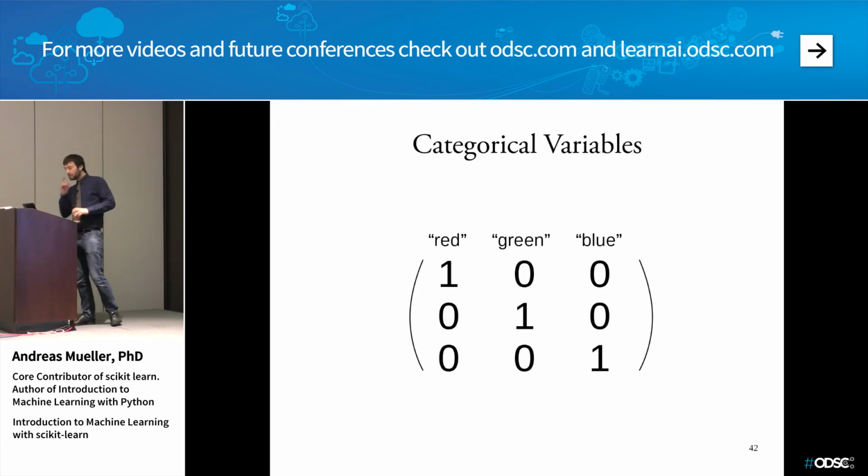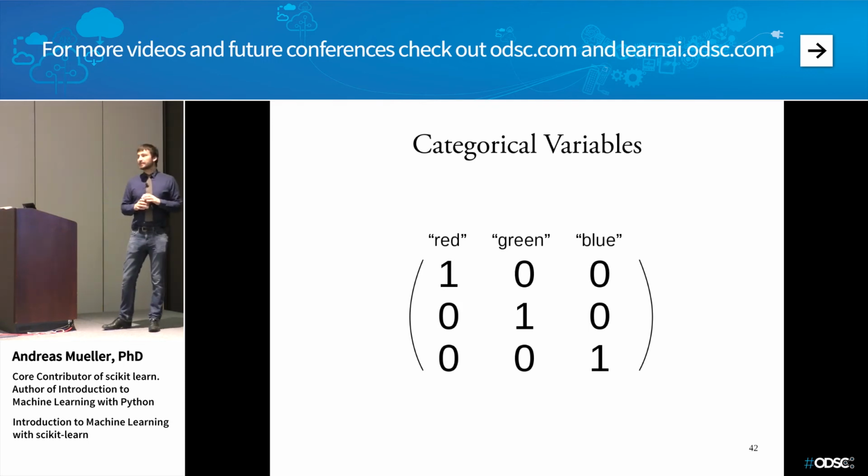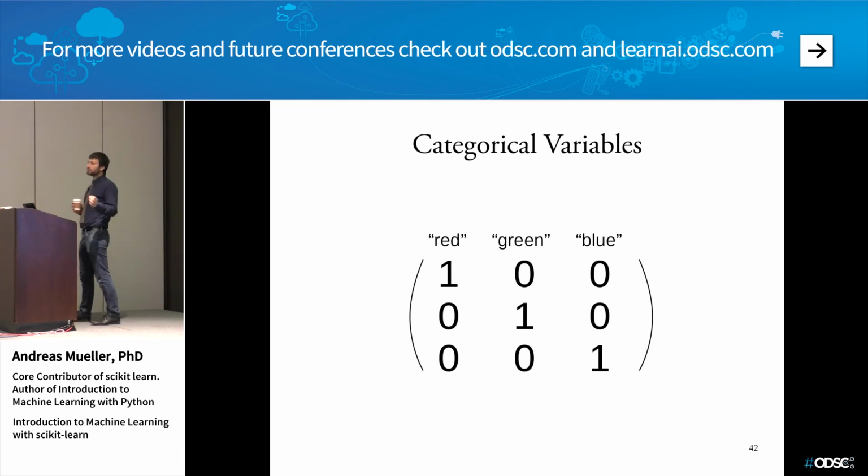The way they're most commonly encoded is with what's called one-hot encoding or dummy encoding, where you create a new feature for every possible value, also called level, of the categorical variable. And you set this always to 0, except for when this is the actual value.